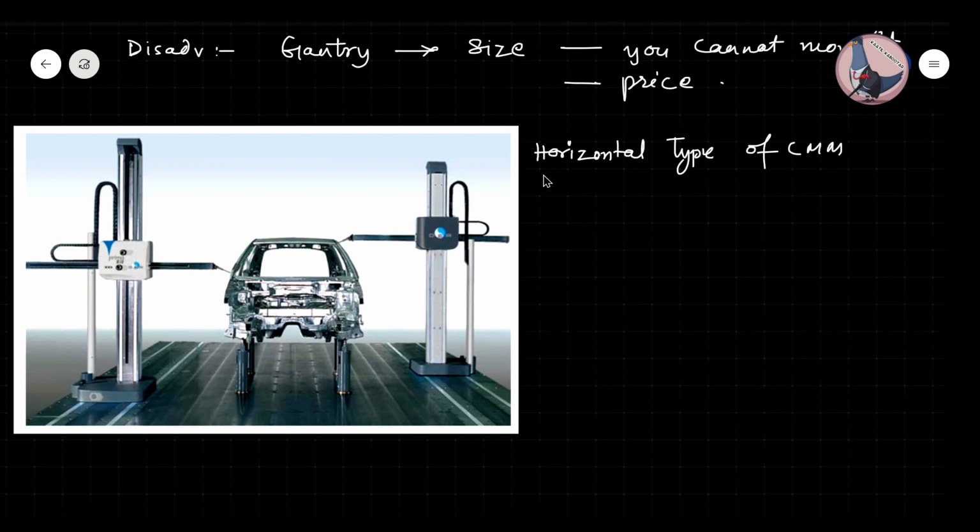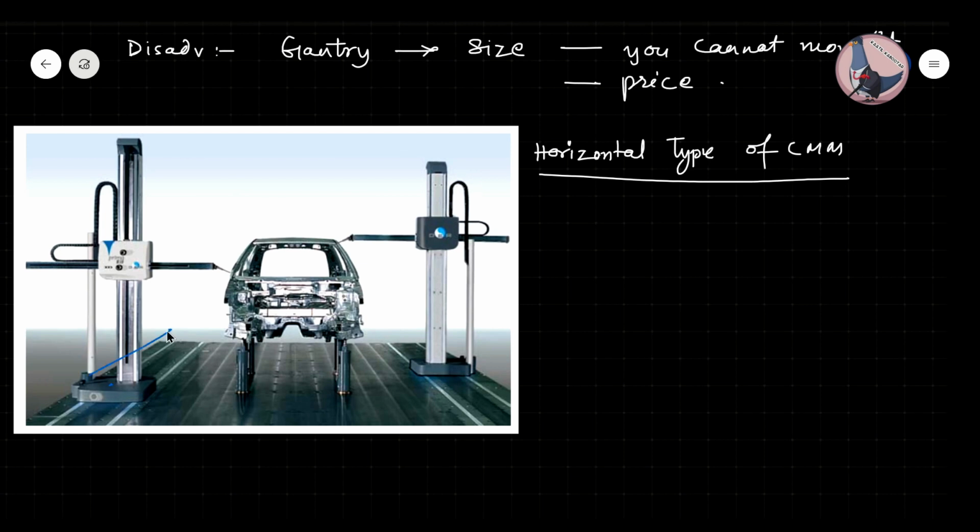Now, this is the only CMM in which the probe is attached to the moving post. In this, the probe is fixed on the horizontal y-axis instead of being vertically mounted on a ram axis, z-axis. Sometimes people get confused it with your cantilever, but please don't get confused. There is some difference.